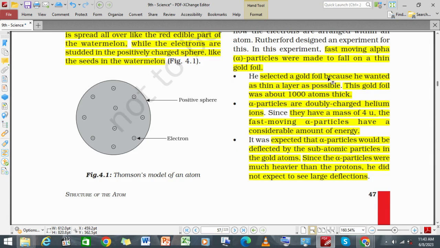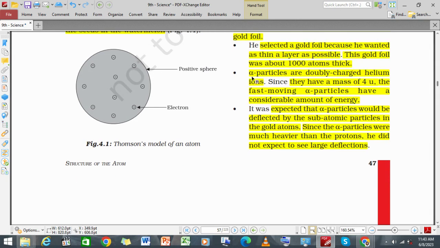He selected gold foil because he wanted a layer as thin as possible, and this gold foil was about 1000 atoms thick. Alpha particles are doubly charged helium ions, with a mass of 4u as we have done in the previous chapter, and fast-moving alpha particles have a considerable amount of energy.